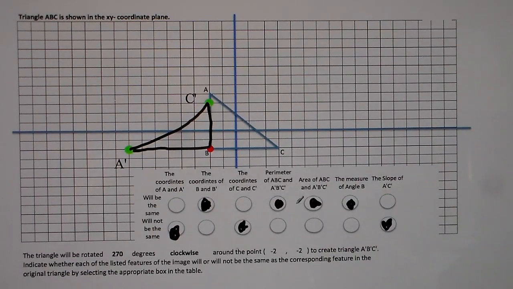If you have the same type of setup of a problem and you dilate a figure, any dilation other than 1, meaning if it's 2, 3, 1.5, or less than 1, 0.3, 0.5, or 0.75 type of dilations, the perimeter and the area will change. But in all these problems that we've been doing with just rotations, the perimeter and the area stay the same. So that's why you always saw those stay the same.